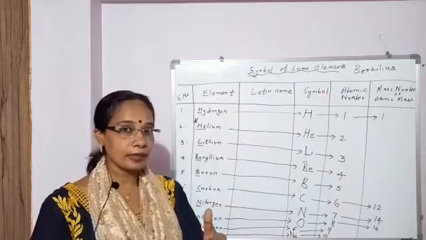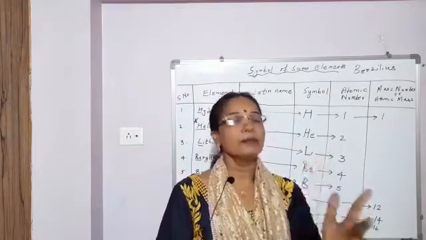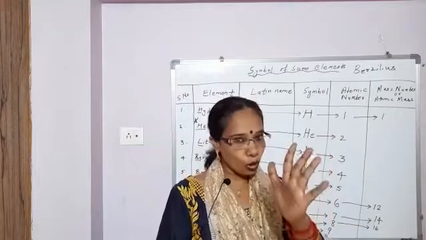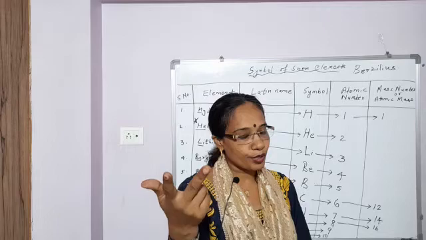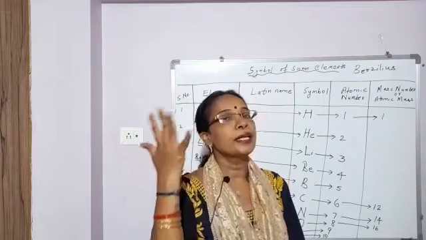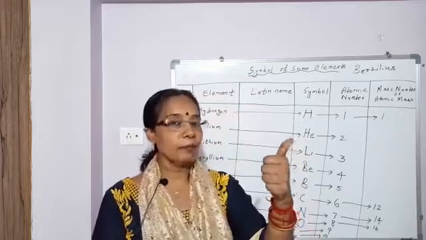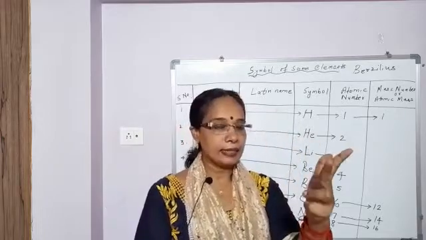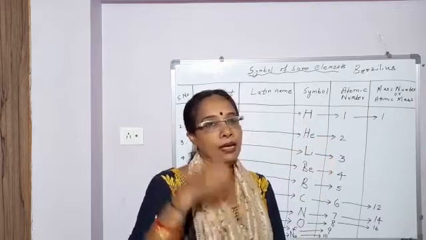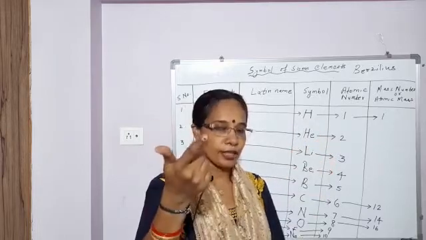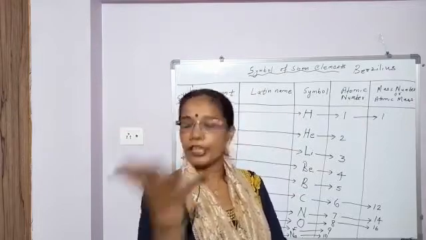Learn in this order: hydrogen, helium, lithium, beryllium, boron, carbon, nitrogen, oxygen, fluorine, neon. Again I repeat, students: hydrogen, helium, lithium, beryllium, boron, carbon, nitrogen, oxygen, fluorine, neon.